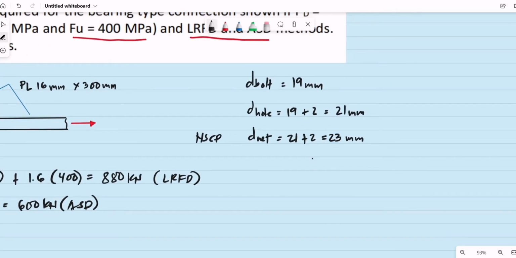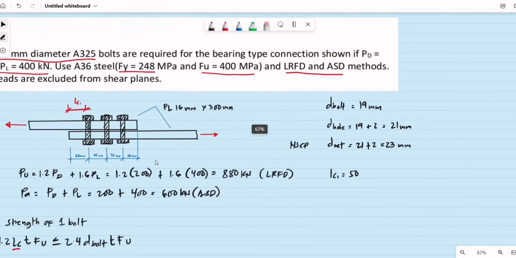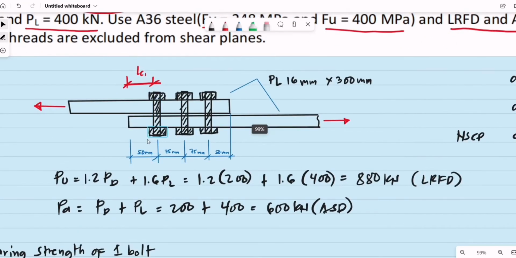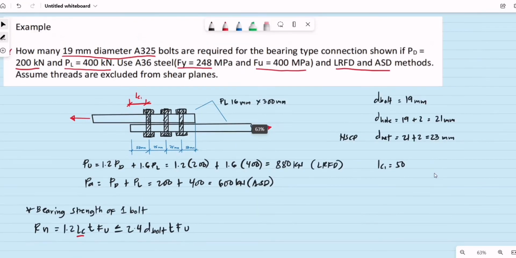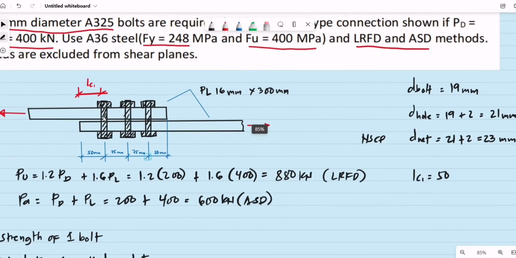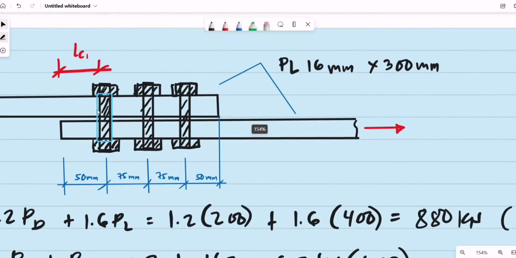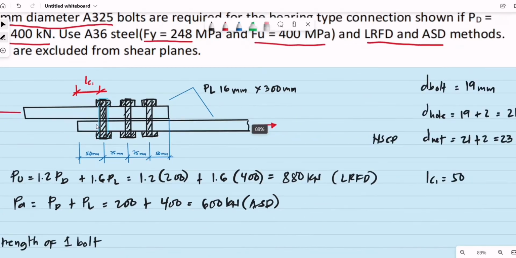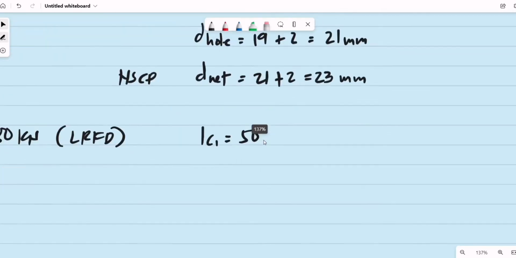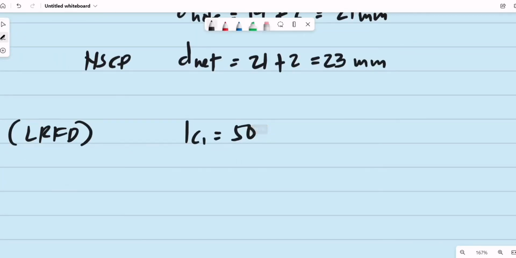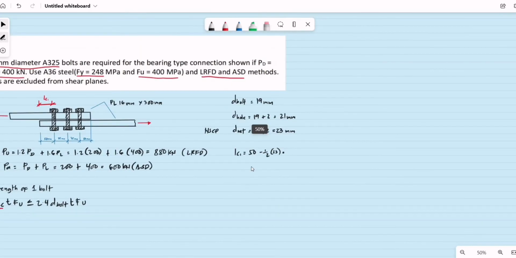So we have L sub C1 is equal to 50 mm, from the edge of the plate to the center of this bolt, then since that is up to the center, we are to subtract half of the diameter of the hole. So that is minus 1/2 of 23 mm. So we'll be having a value of L sub C1.